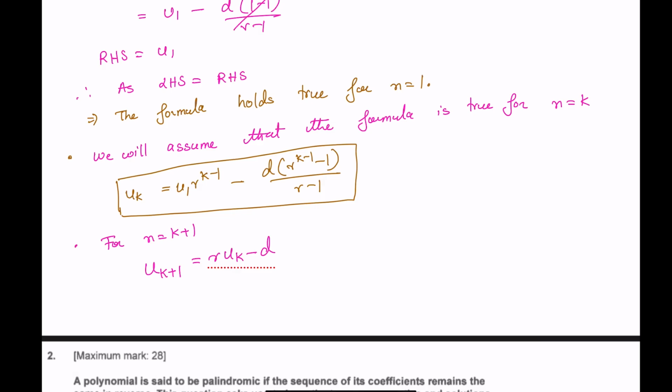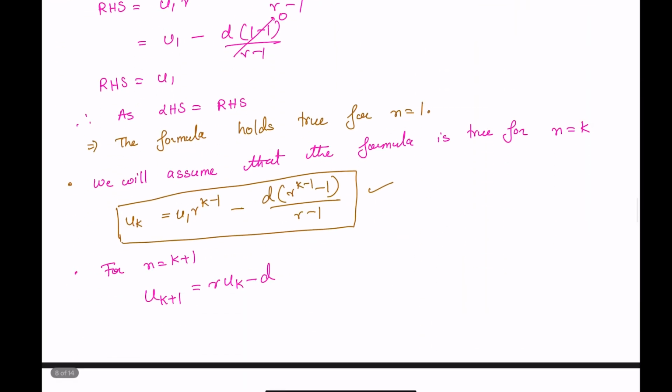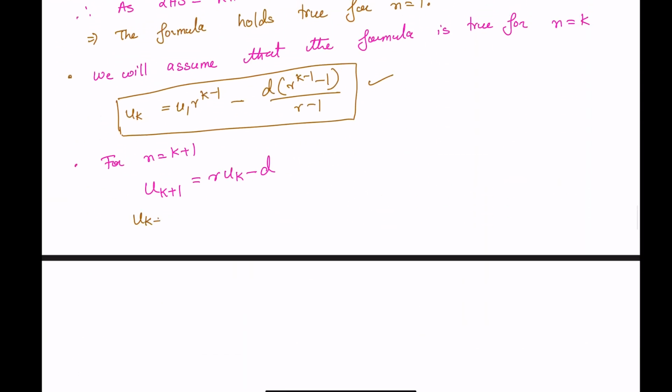Now what I'll do is substitute the value of uk in this expression. So uk plus 1 is equal to r times u1 r to the power k minus 1 minus d times r to the power k minus 1 divided by r minus 1, minus d.